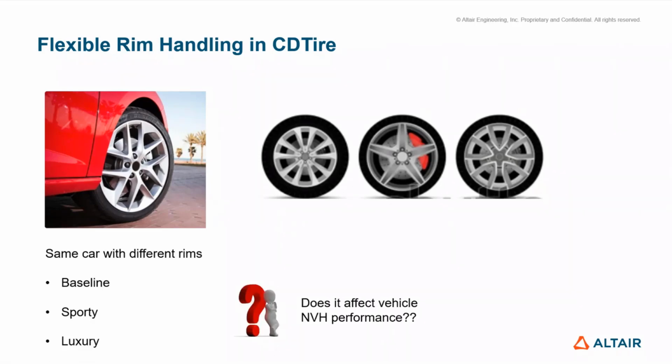So do these different rims affect vehicle NVH performance? Yes, definitely yes, and majorly road NVH, because we know that the road excitations will go from the road, and then the rim dynamics will play a role here.